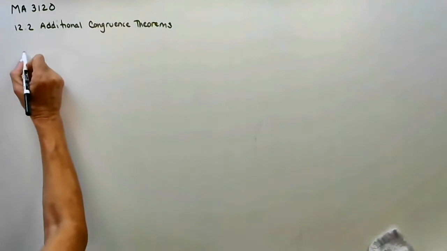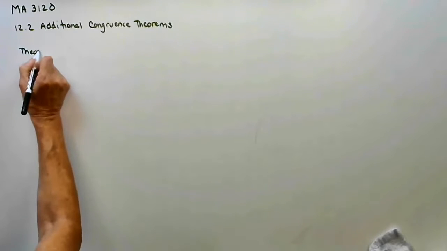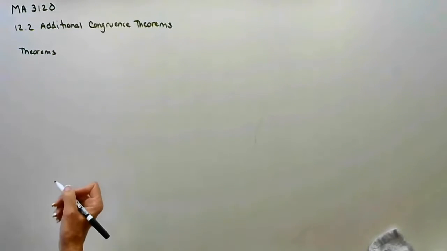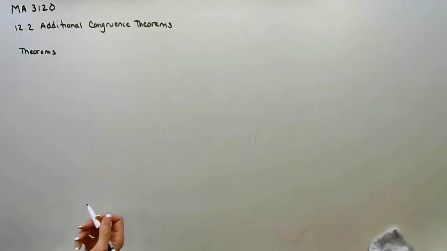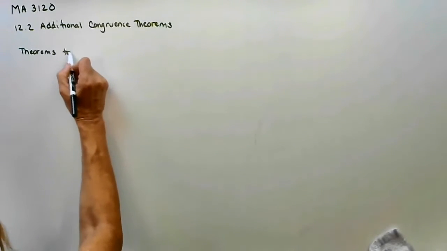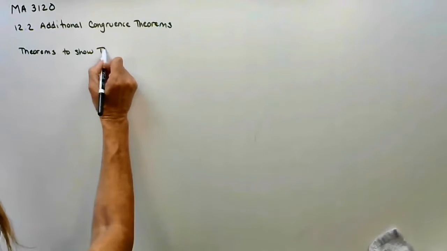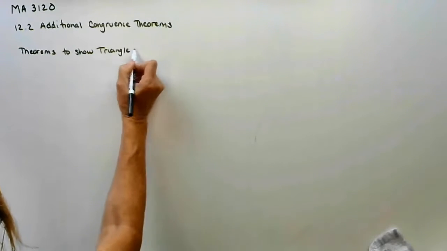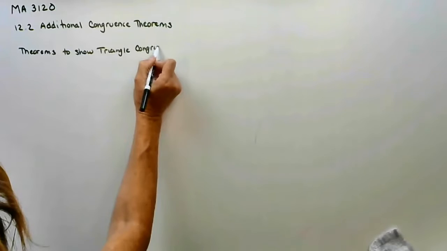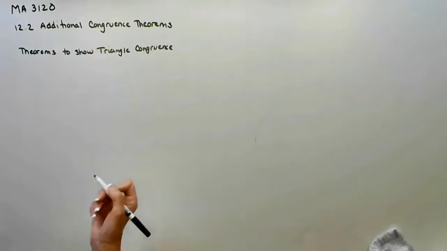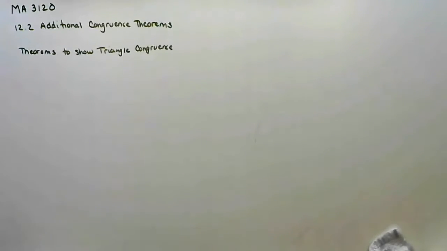All right, so to start us off, let's recap what we did last time when we started talking about congruence theorems. So theorems, which remember are mathematical laws or rules that have been proven, theorems to show triangle congruence. We have the ones that we went over the other day.